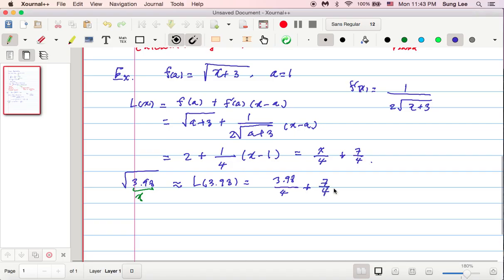Now this is some quantity that you can calculate, by... oh no, actually I made a mistake here. No, this is not x, sorry, this is not x.